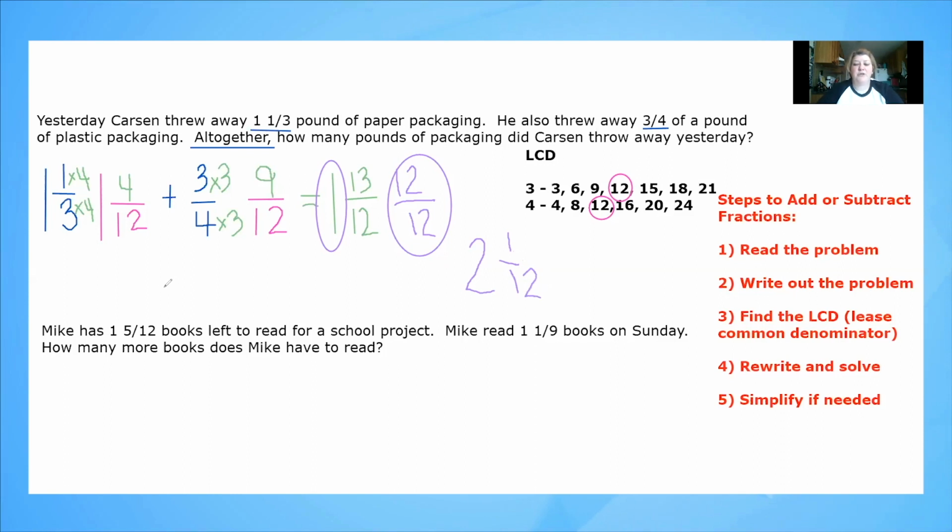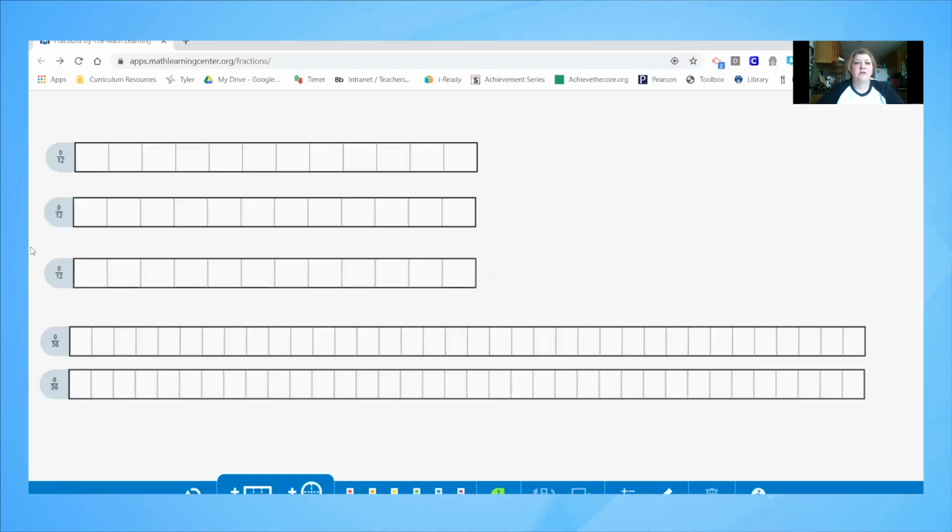I'm going to show you what this looks like when we are using fraction strips. On here I have fraction strips that are divided into 12 pieces. I'm going to go ahead and color in that 1 4/12. One whole, so I'm going to color in the whole thing.